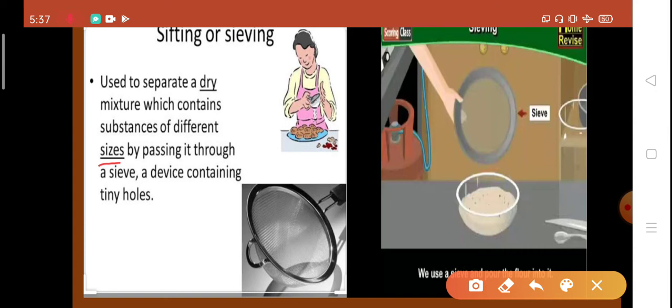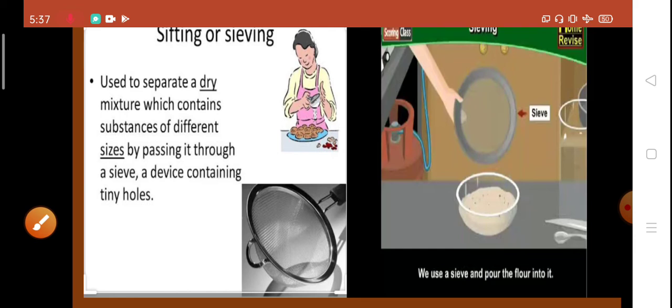Students, keep it in your mind that the mixture must be dry, because from these holes of the sieve only dry things can pass. So let's see how this is done. But before doing that, the main principle of it is dependent on the size of the particles.